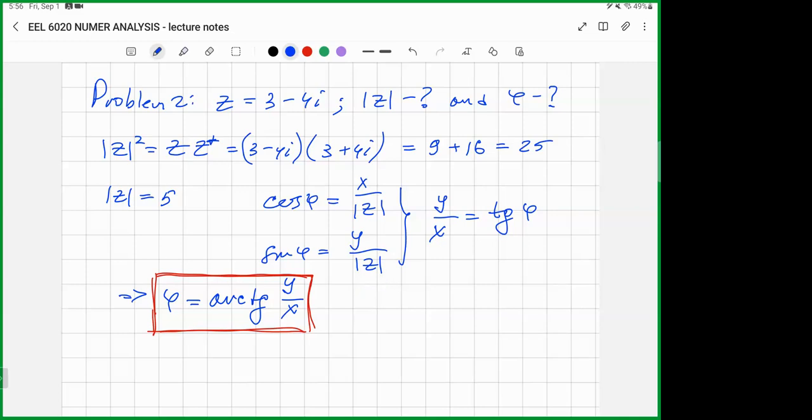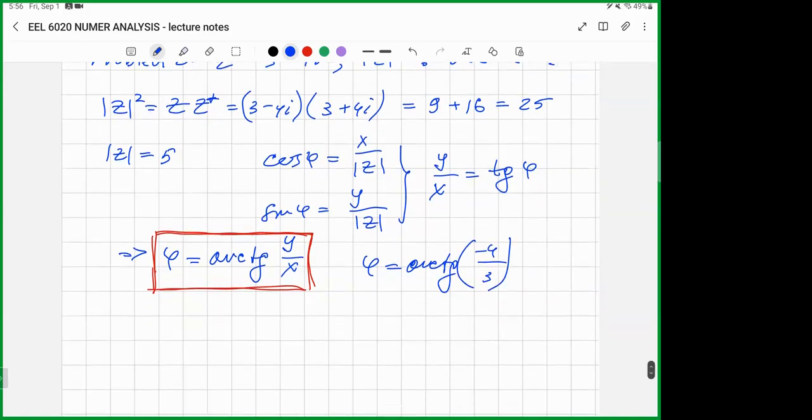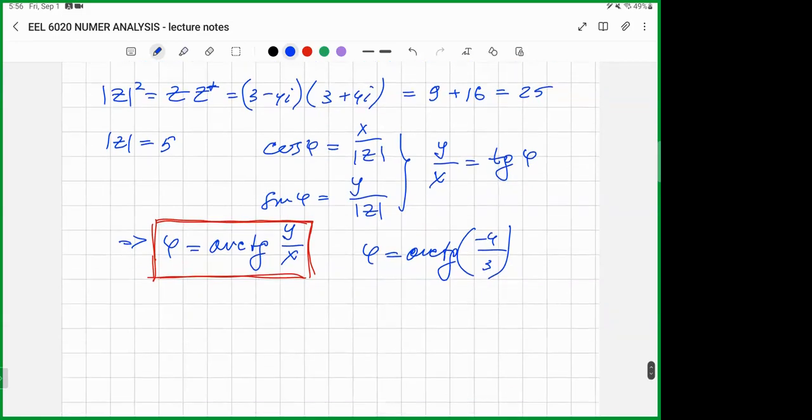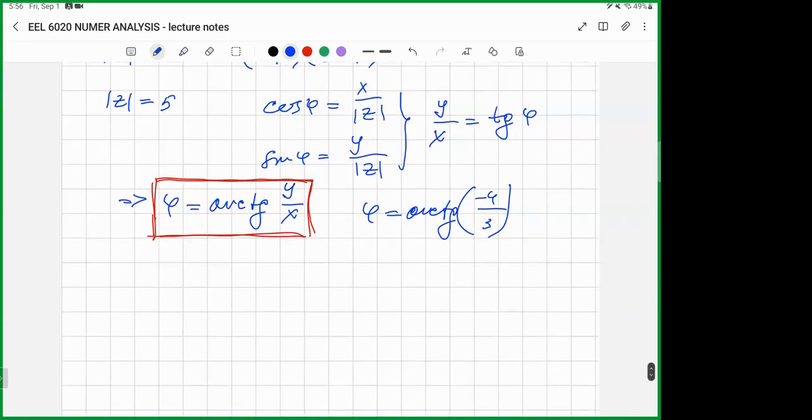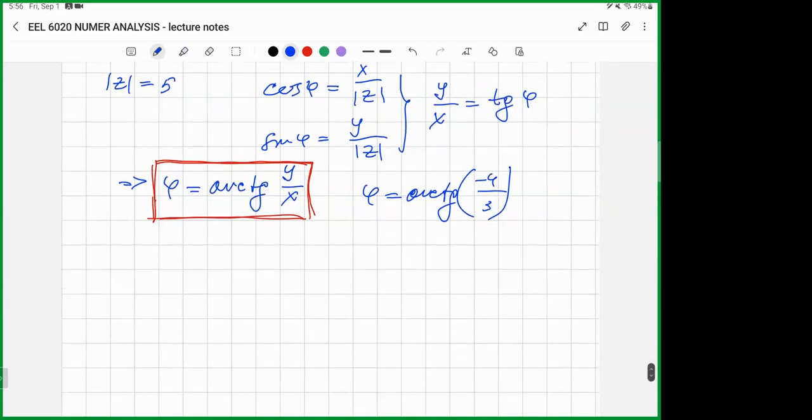So in our case, for z equal 3 minus 4i, phi is equal to arctangent of y, which is minus 4, over x, which is 3. I don't know what it is. One can use any online calculator to find the number. It's going to be minus something, I guess minus 60 or 70 degrees.